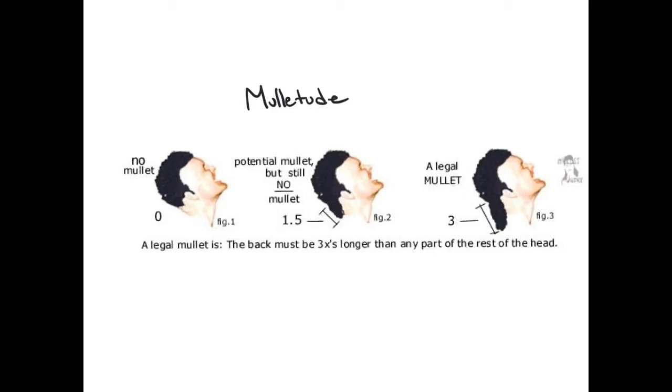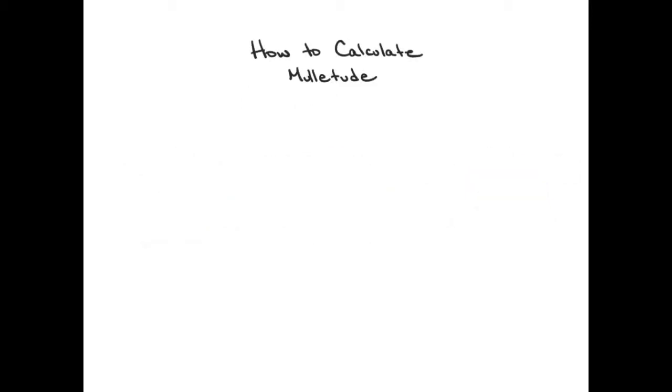So what you need to do today is actually calculate the mulletude of several mullets and decide for yourself which one of those mullets is a true mullet and rank them in order of their mulletude from greatest to least. Before you look at the questions for today, I'd like you to just walk with me through how we are to calculate a mulletude.